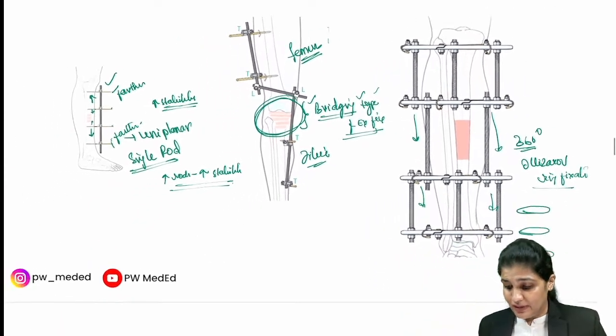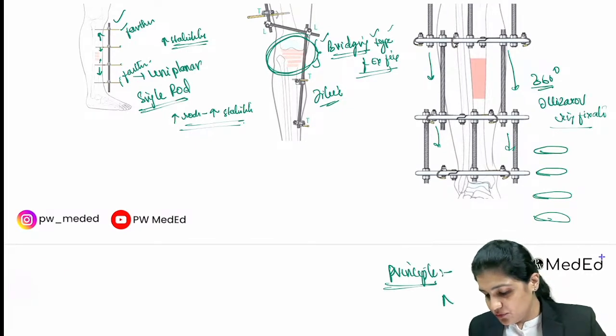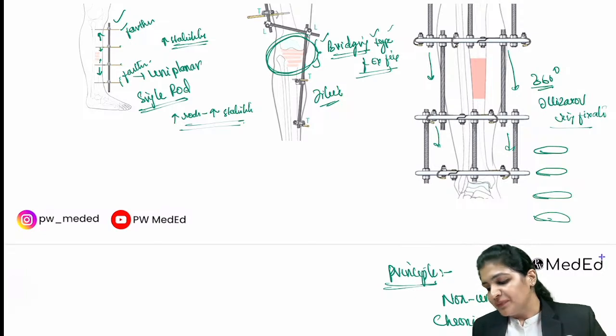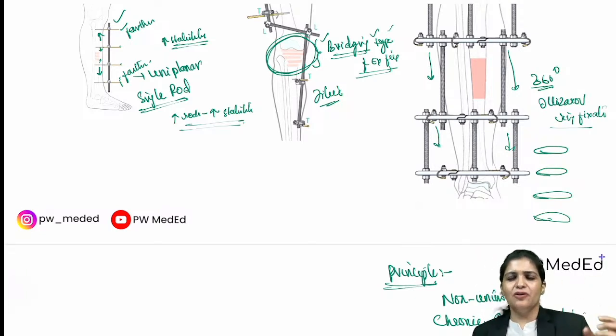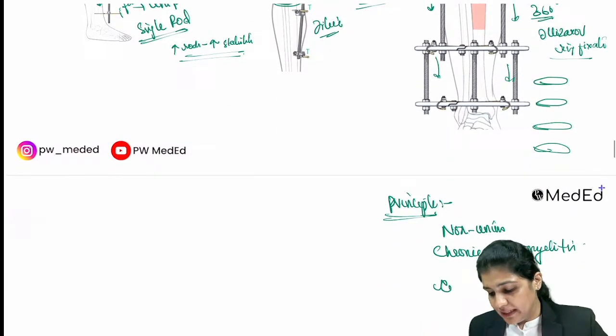In case of Ilizarov fixation, the principle and the treatment is mainly used in case of your non-unions and in case of your chronic osteomyelitis. These two are the areas where usually the Ilizarov ring fixation is used, because even though it gives you 360 degrees fixation, it is usually cumbersome, not well tolerated by the patients, right?